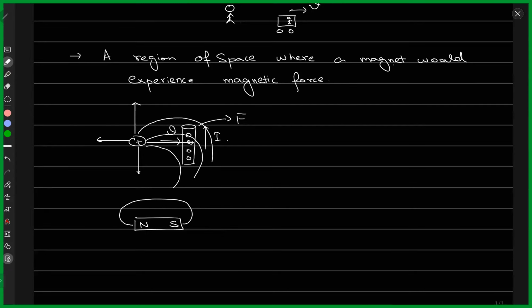So a magnet always needs a starting and an end point. There is no such thing as just a north pole magnet. Something like that does not exist, right? And this comes from one of Maxwell's equations. Will not go into that.